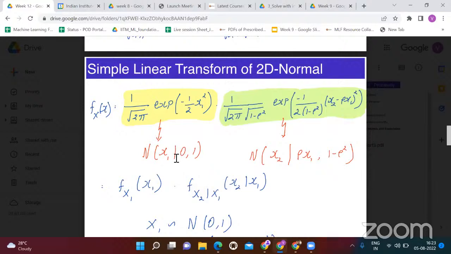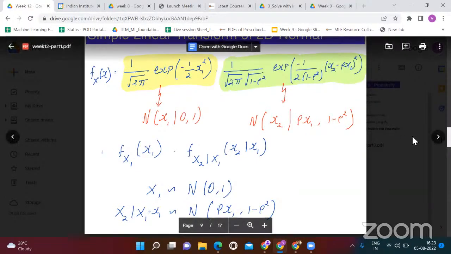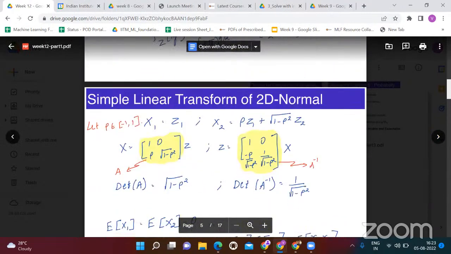We were having x1 and x2, right? The transformed x1 x2 is a combination of x1 and x2 only. The probability density function can be written in the form of a normal distribution of x1 given 0 as the mean and 1 as the variance, and the second one is x2 given rho x1 as the mean and 1 minus rho square as the variance. You can see this from here also.